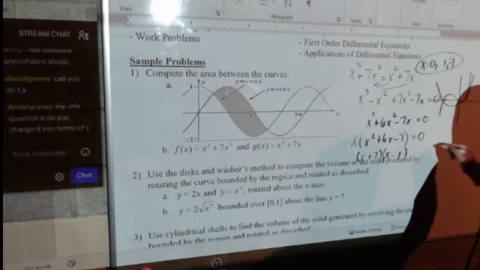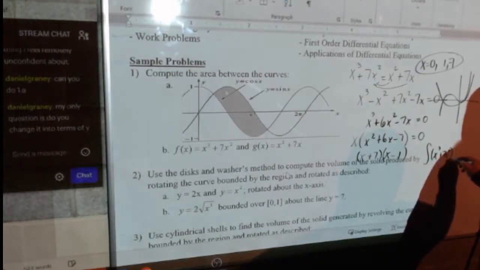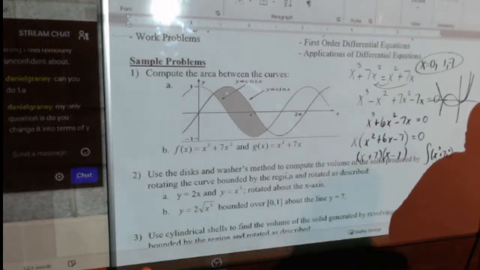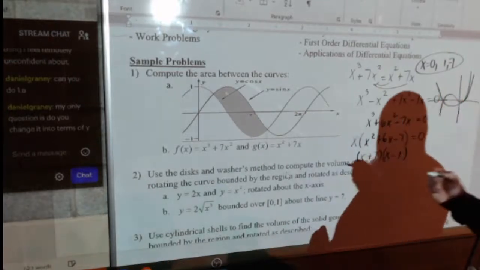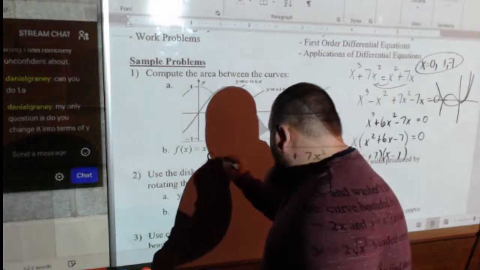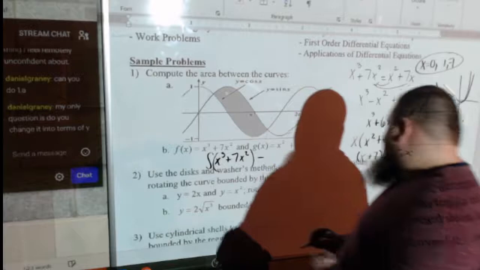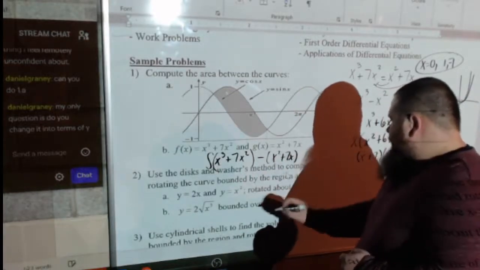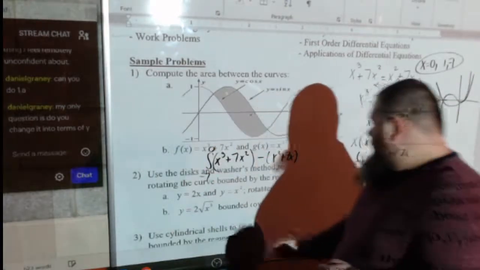So for the integral, you would do the cubic on top for the first part. So x cubed, let me scoot over, right off the board. You would integrate x cubed plus 7x squared minus the quadratic function, and that would run from -7 to 0.